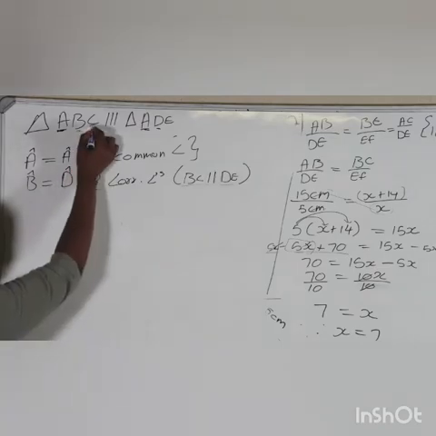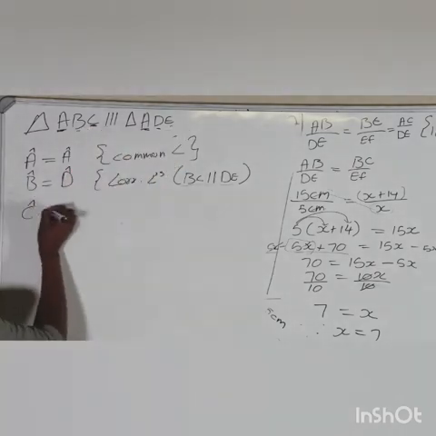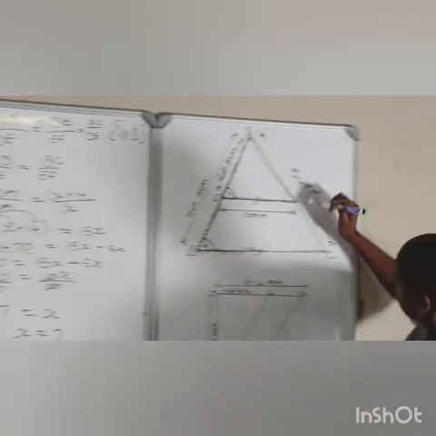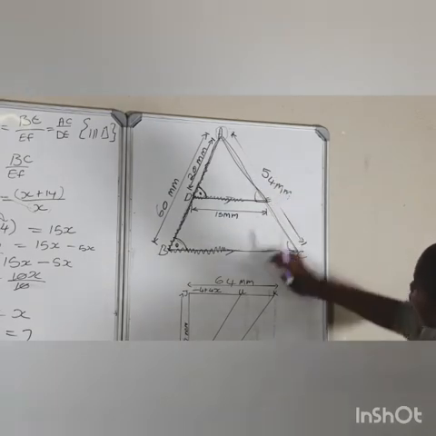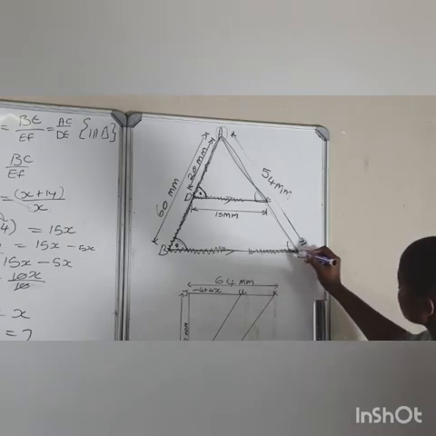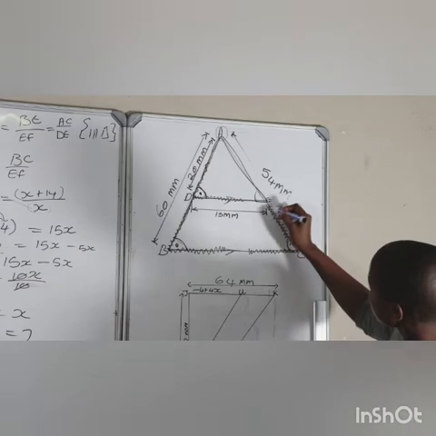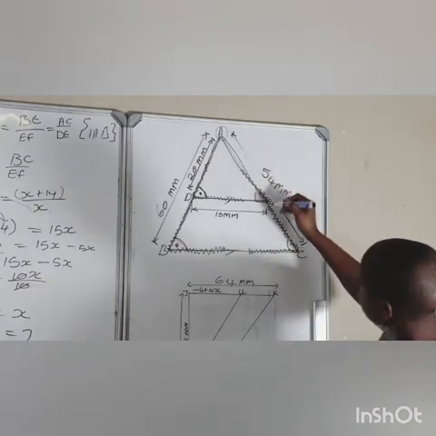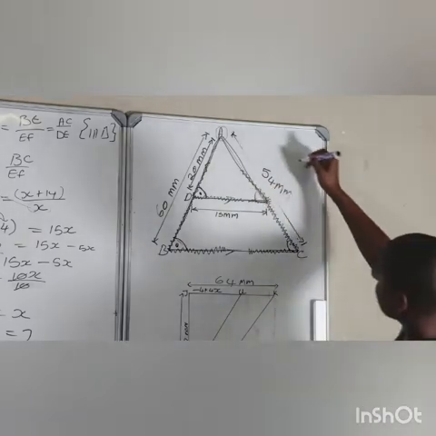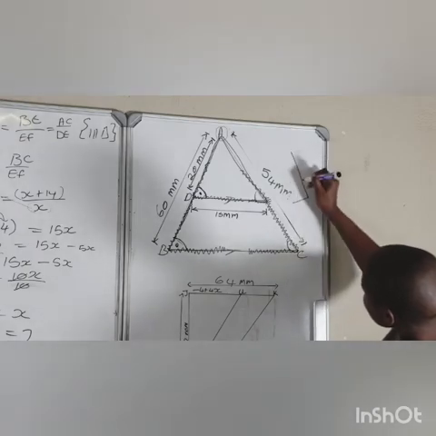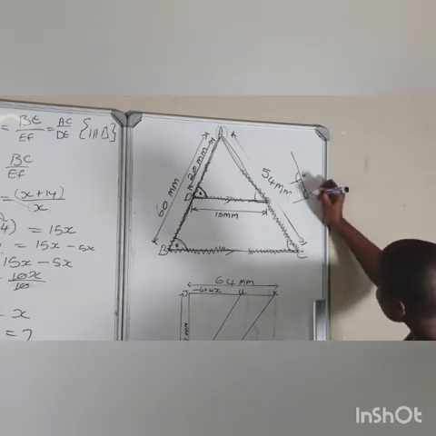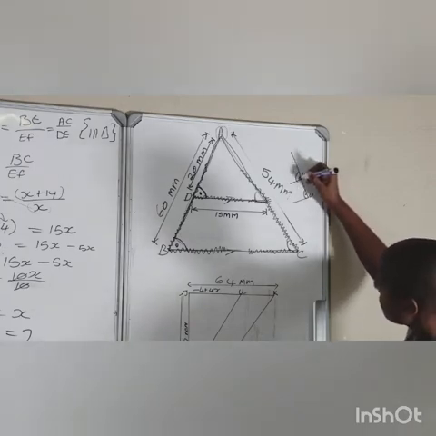All right, and then C and E: angle C is equal to angle E. Let's check it out. They still fall within the parallel lines DE and BC. Even if I highlight this side, you can see that a letter F is formed. Here is C and here is E, so this angle and this angle are equal.